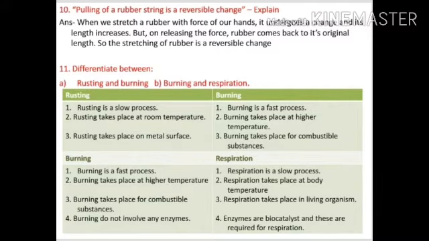Number 3, burning takes place for combustible substance. Number 3, respiration takes place in living organisms. Number 4, burning does not involve any enzymes. Number 4, in respiration, enzymes are biocatalysts and these are required for respiration.